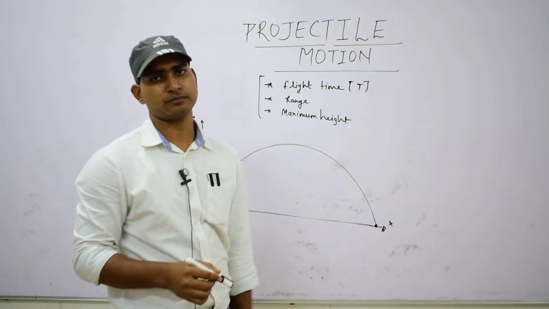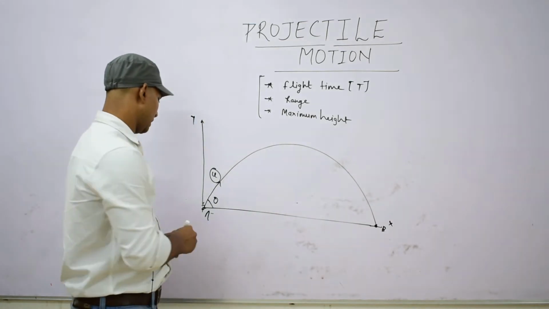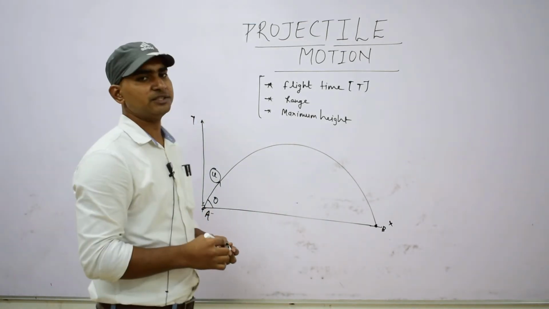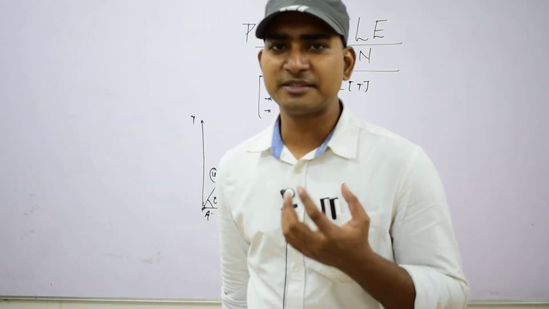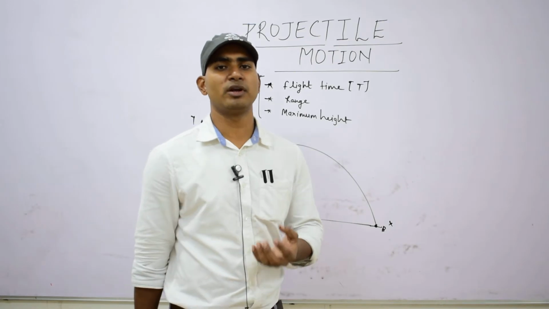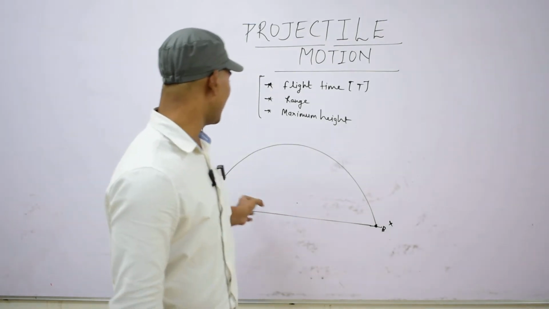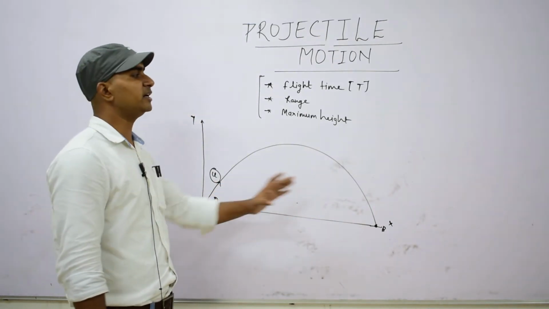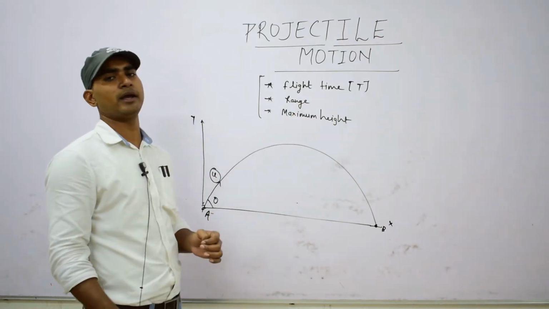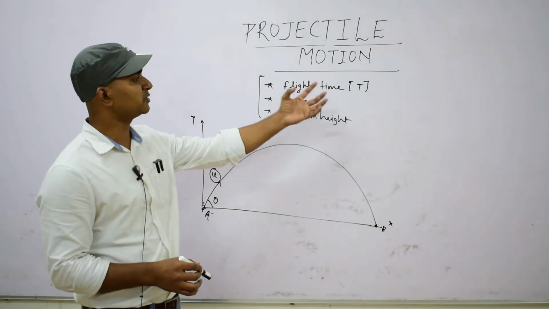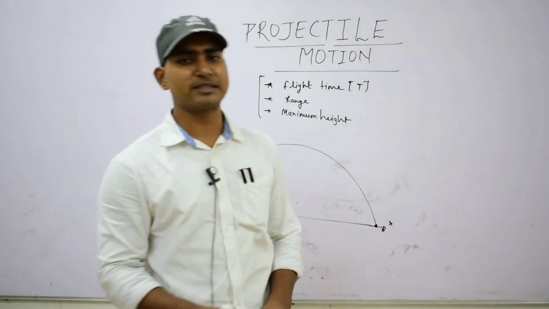Range. Range is the total horizontal displacement, the total horizontal distance covered by this body in its projectile motion. So the total horizontal distance covered by this particular body in its projectile motion is called its range.